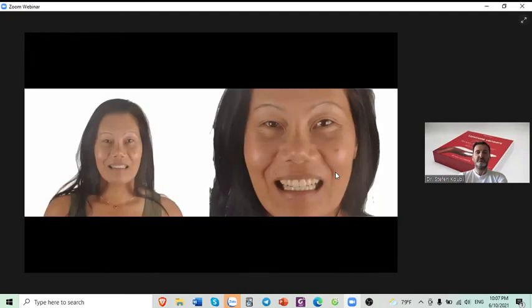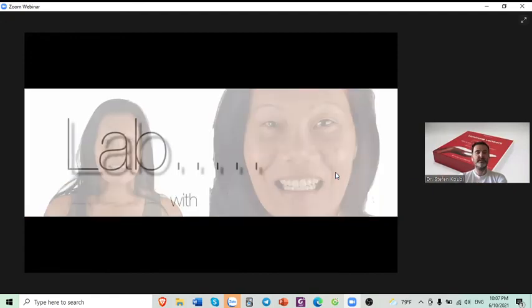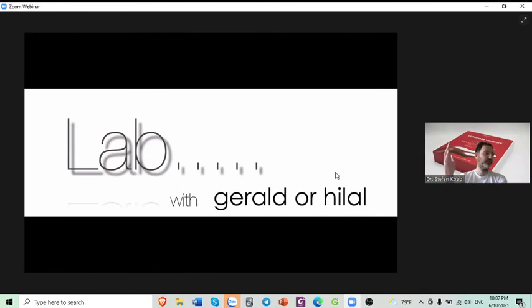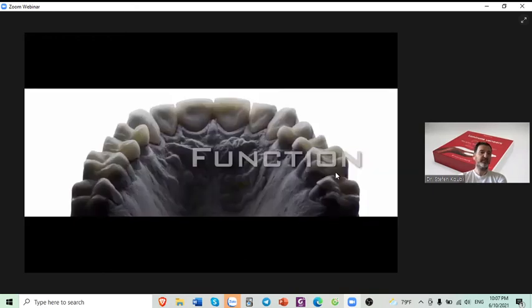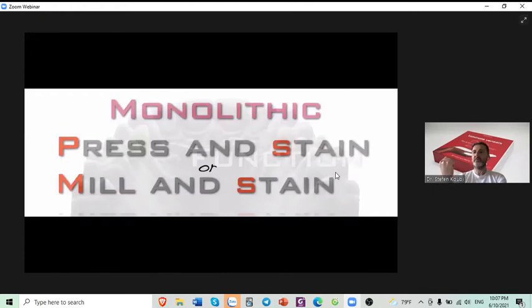So once all of this is made, the patient can leave the office with this temporary. And after, it's a matter of lab technology and material, how to produce it. One of the questions with this new type of occlusal restoration was, do we need to continue to layer the material?